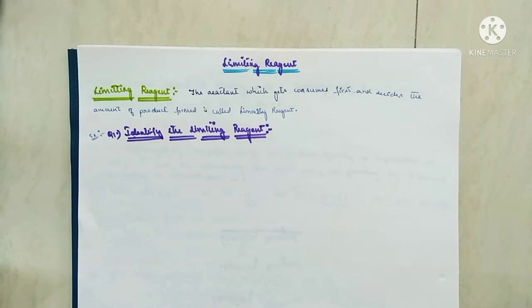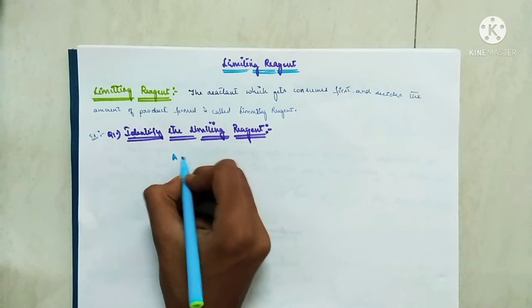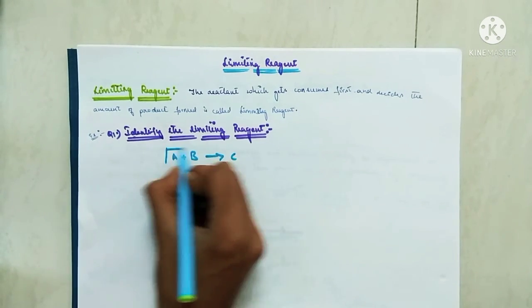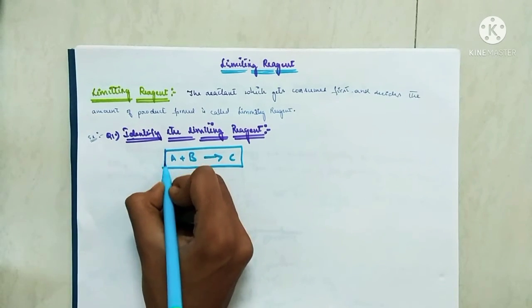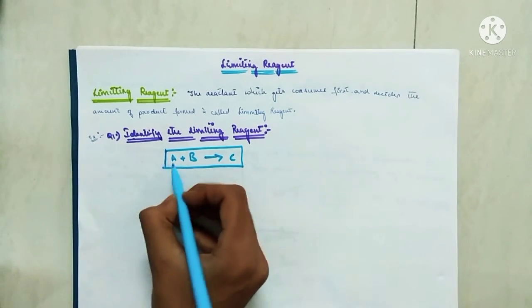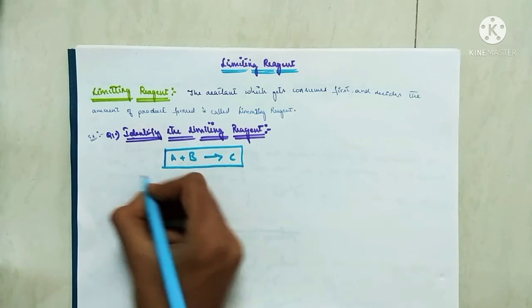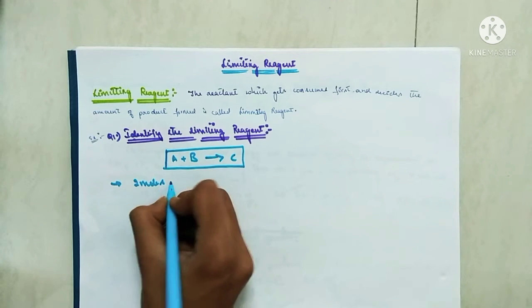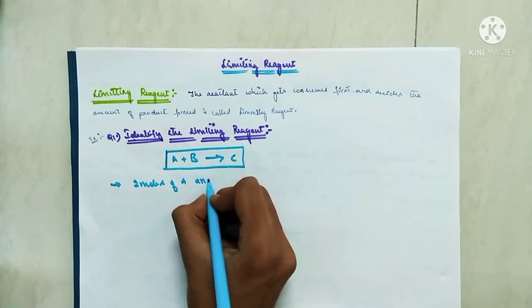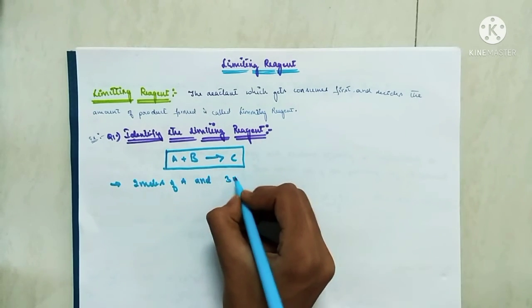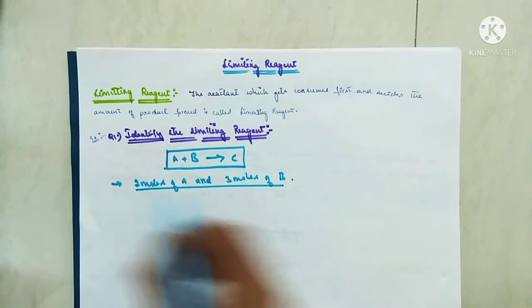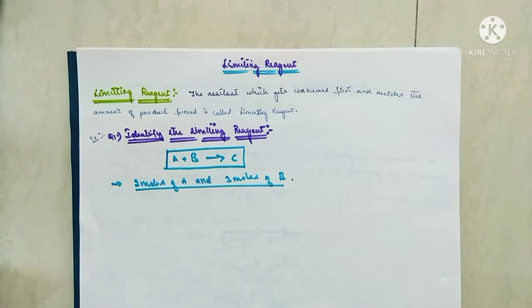The equation which is given is A plus B gives rise to C, and given that there are 2 moles of A and 3 moles of B. Now we should find the limiting reagent of this reaction.